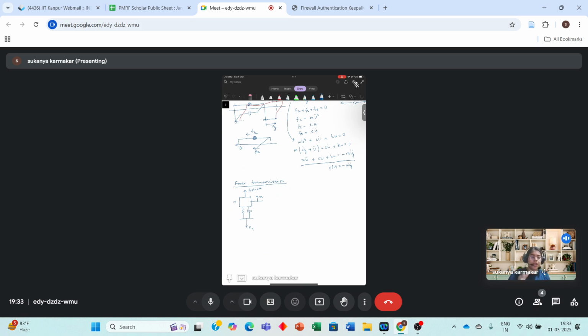Suppose a machine is sitting on the floor in a factory, and because the machine has some rotors in it, a periodic force is generated, and the foundation is subjected to that periodic force.